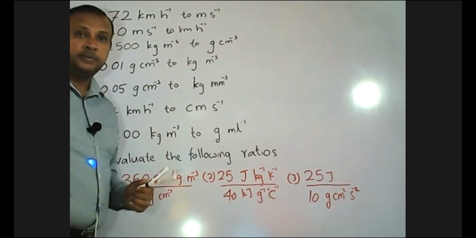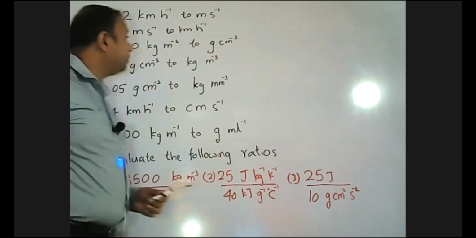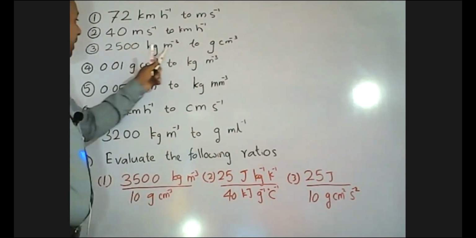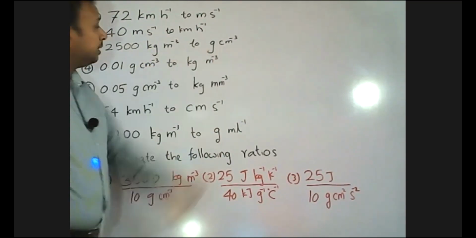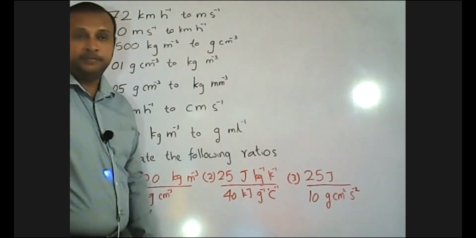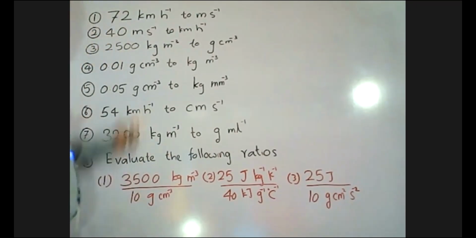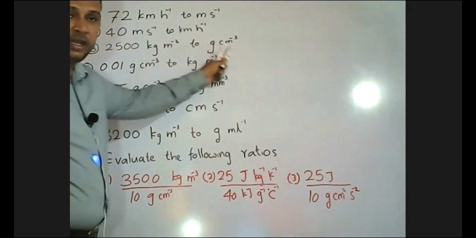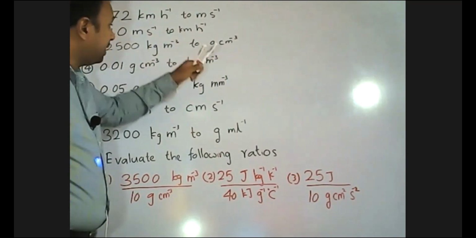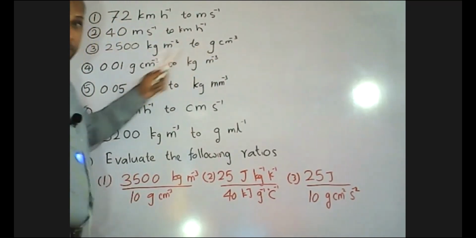Third one. In the third one, we have to convert kilogram per cubic meter into gram per centimeter cubed. We have to convert kilogram to gram, and meter to centimeter.